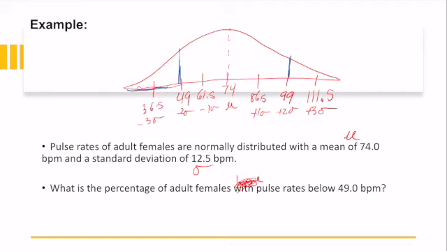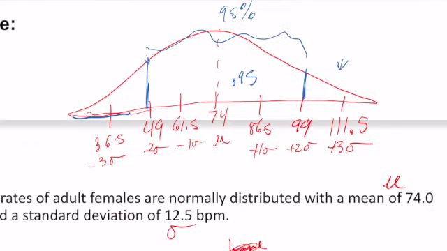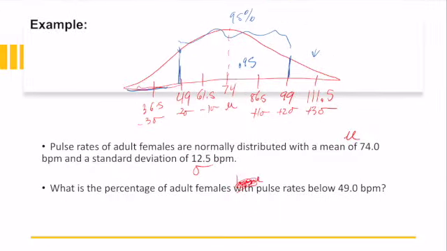I'm given one key bit of information, that the area over here is 95%, right? So 0.95. In the last problem, we wanted to find the area in both ends. We're going to call these tails. But now I just want to find the area in this one specific tail.